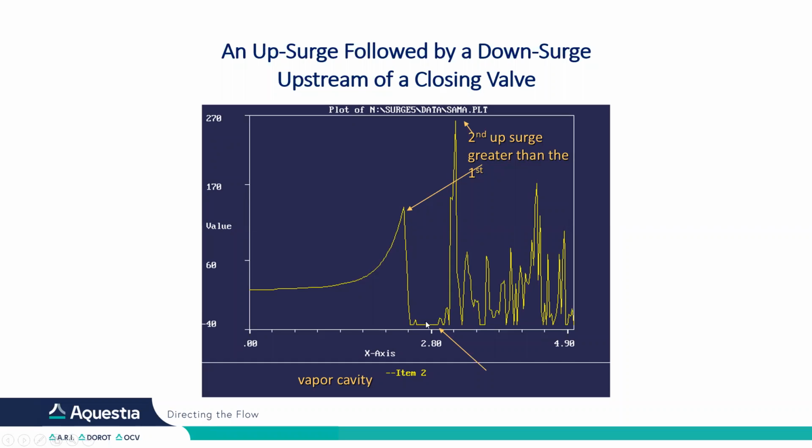And when this vapor cavity collapses, it creates a very high spike, a second upsurge, which is higher than the first one. And soon I will explain exactly why this happens and, of course, how you can avoid that. So that's the formation of the vapor cavity, and when that collapses, it creates a very high spike of pressure.